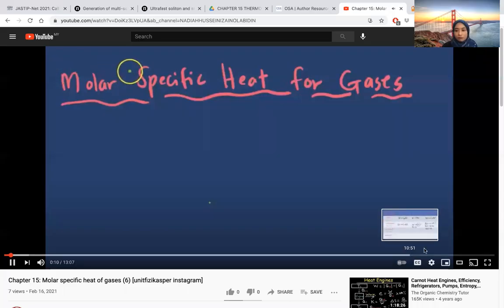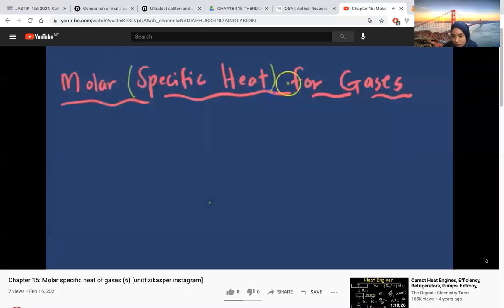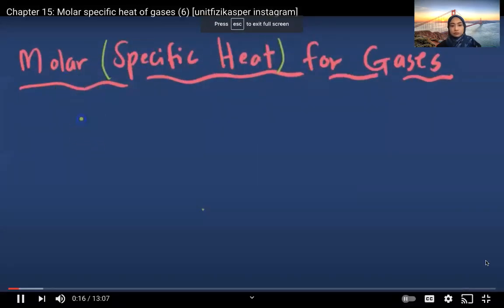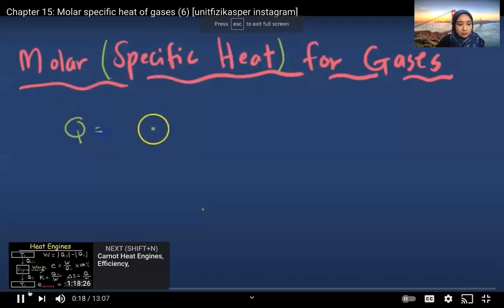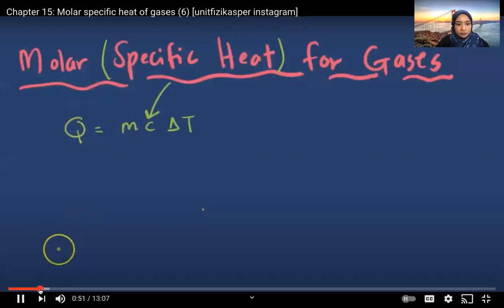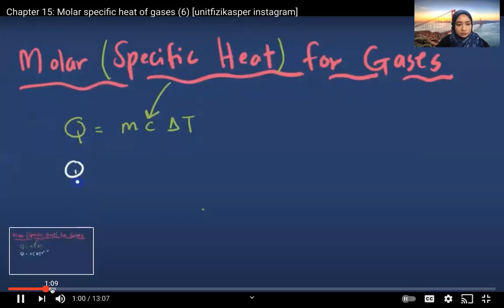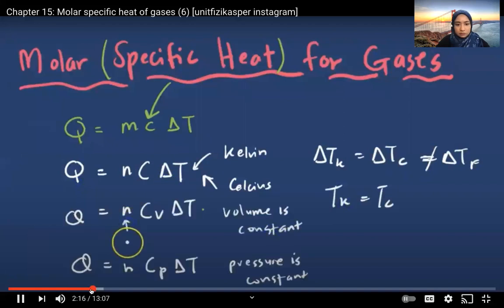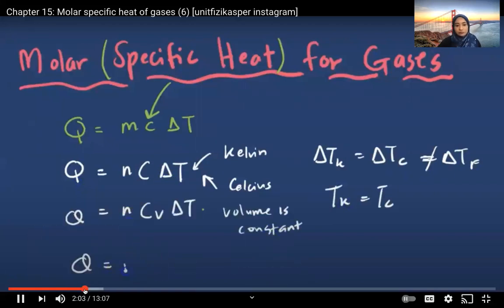So we have seen this word before, specific heat. We have seen this in chapter 14 and we used it in this equation. Q equals the amount of heat, with C and the number of moles, N is constant.